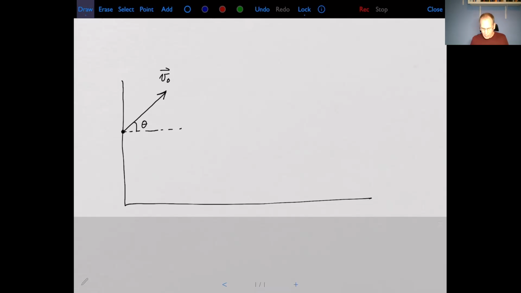So we launch a projectile at some velocity, and what happens? Well, we know what happens. If we look at the trajectory here, it's going to do something like this. It'll rise to a peak and then come back down and hit the ground over here somewhere.